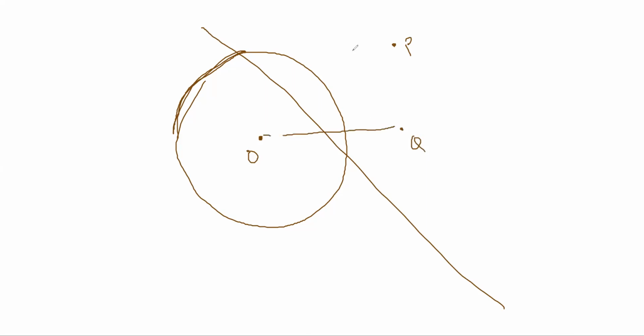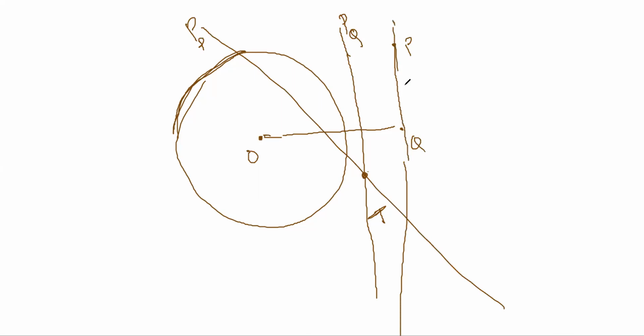Polar of Q was, let's say, this. Then the point of intersection of this is T, right? Now what he's saying is that T is the point of intersection of polars, this is the pole of line PQ, okay?